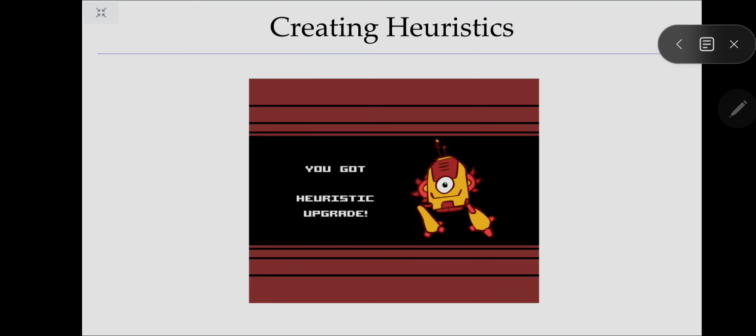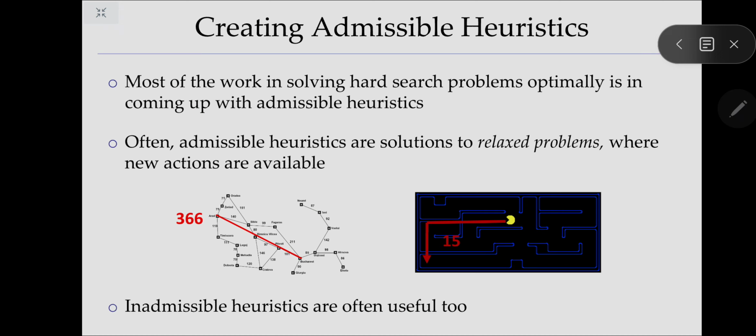For defining the good heuristic, we remember that the small heuristic is not good because, for example, h equal to 0 leads A* to uniform cost search.